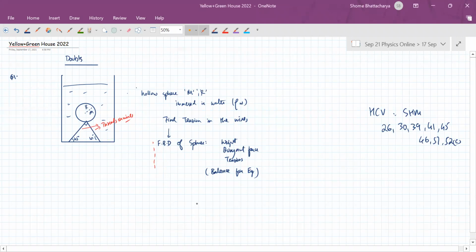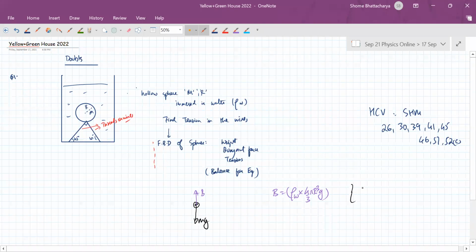Okay, so looking at the free body diagram, there is buoyant force acting because of water. So that buoyant force will be equal to what? It will be density of water into volume of the cube into G. Okay. And there will be weight of the block. Okay.